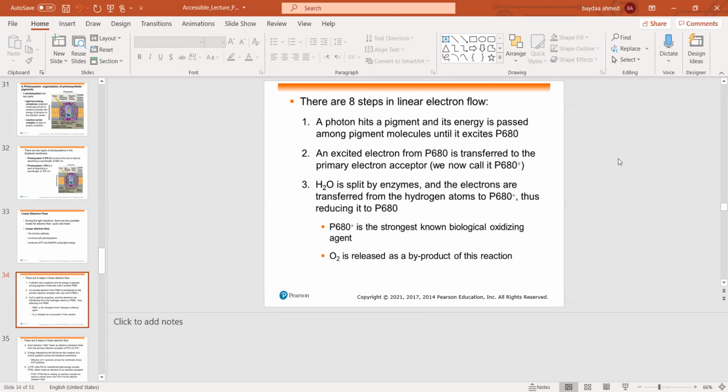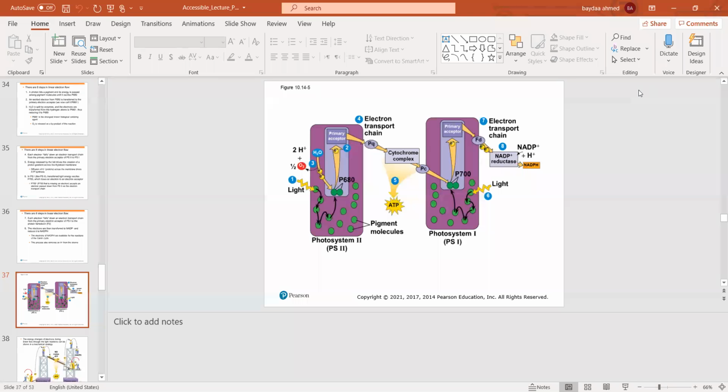It excites an electron in the pair of chlorophylls to a higher energy state. And then an excited electron from P680 is transferred to the primary electron acceptor. We now call it P680 plus.